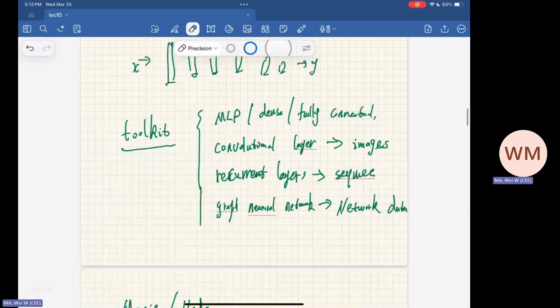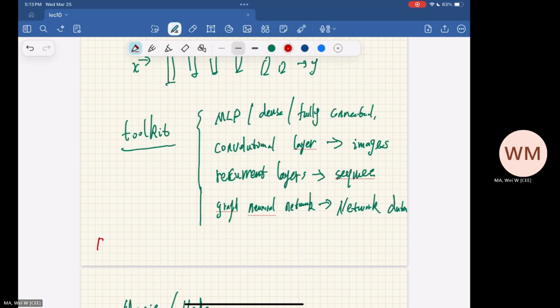Here I just list the most commonly used ones. There are actually much more than this. For example, there is a group of neural networks called NO, called neural operators.